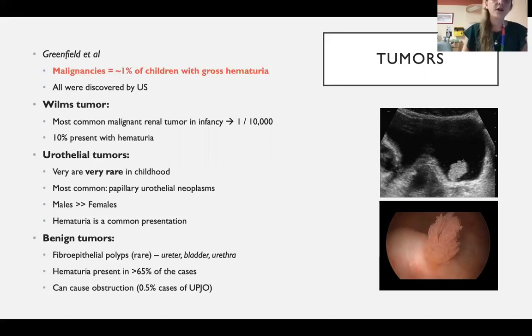And we also have to consider benign tumors such as fibroepithelial polyps in the ureter, bladder, or urethra, which are very, very uncommon, but they present with hematuria in most of the cases. Some of them can also present with obstructive symptoms and produce UPJ obstruction.